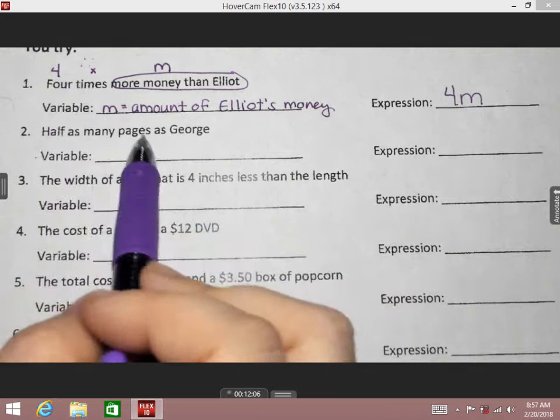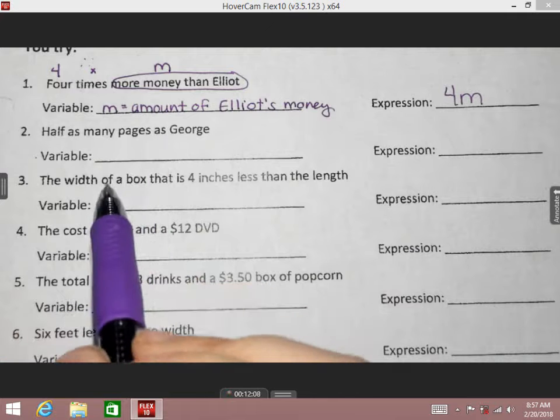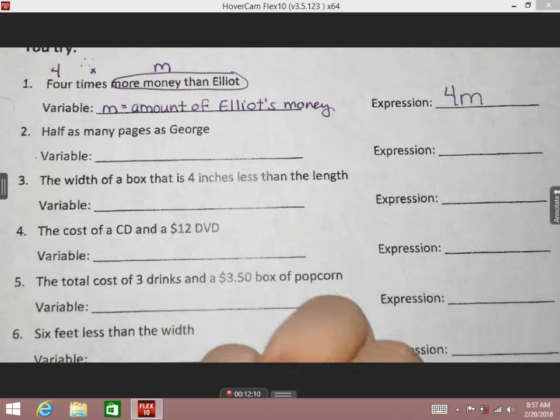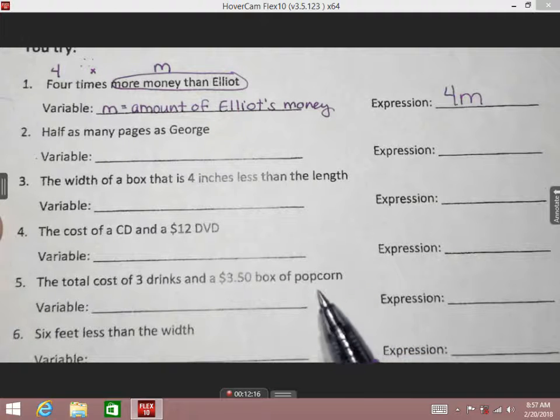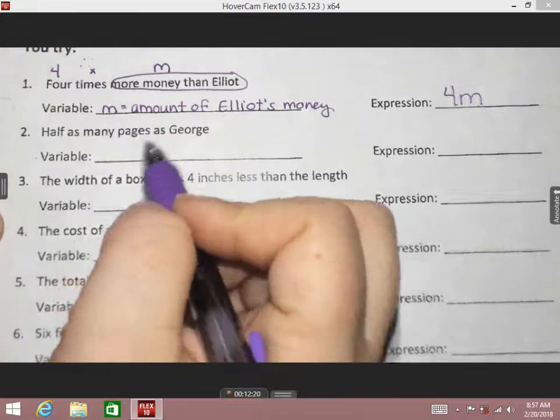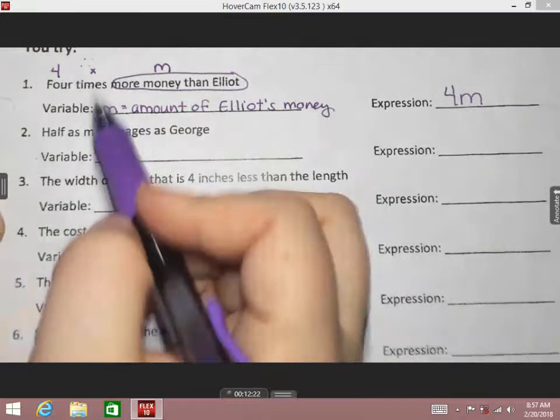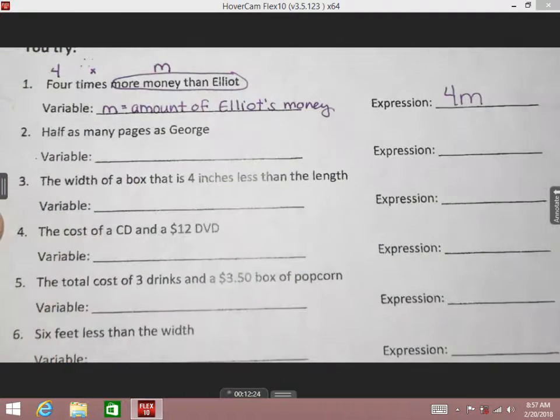Half as many pages as George. All right. What are we missing? What do I not know? All right, that's what I'm looking for. It says half as many pages as George. All right, we know half, but half of what? Half. What pages?